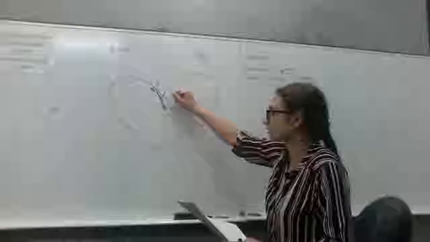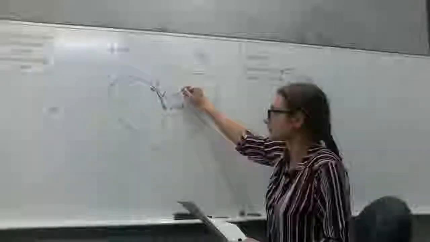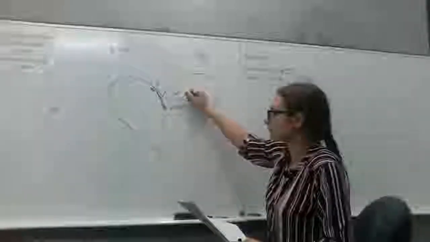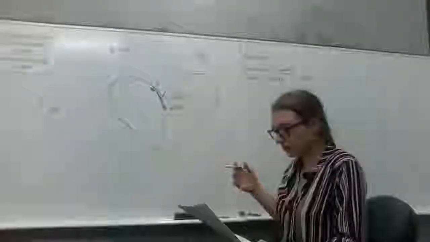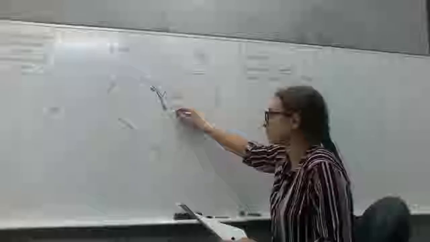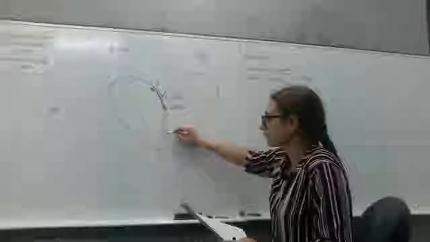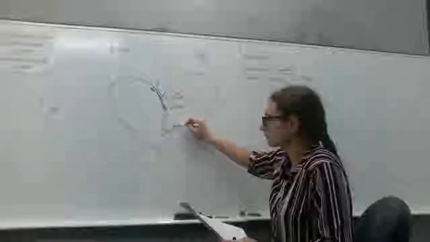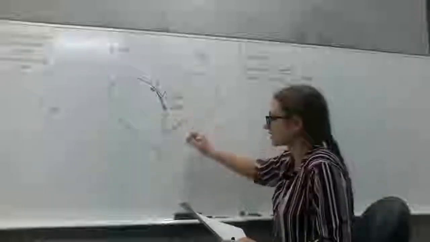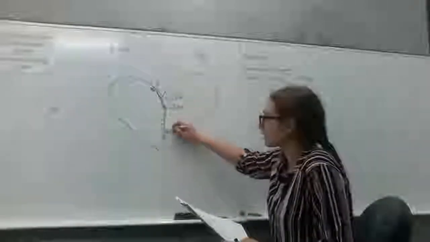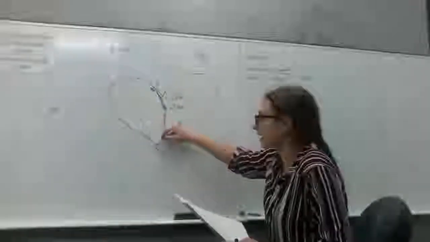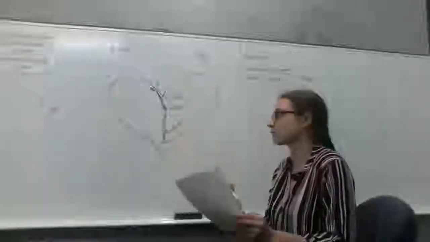Then it goes from the AV node to the bundle of His. The bundle of His splits into right and left bundle branches, so it kind of branches off.